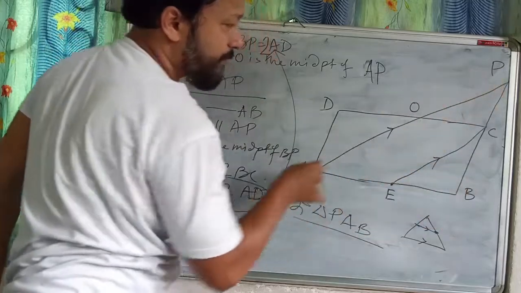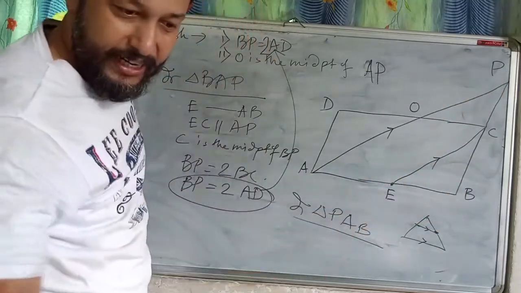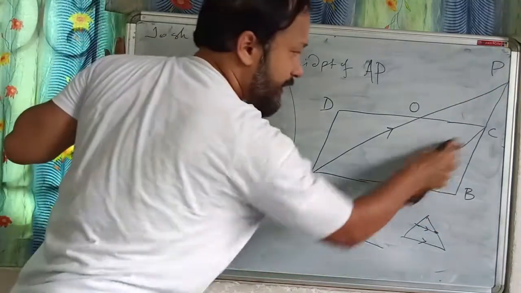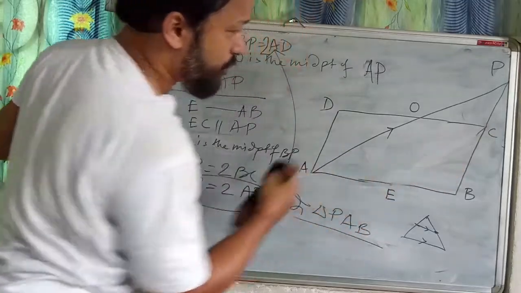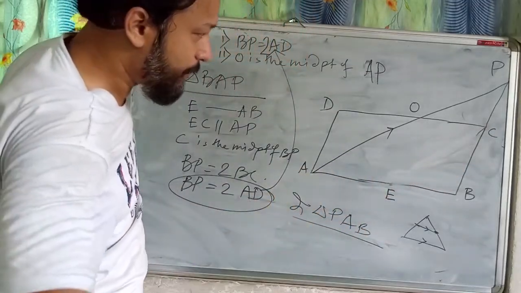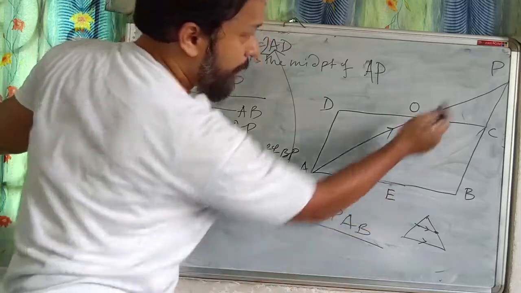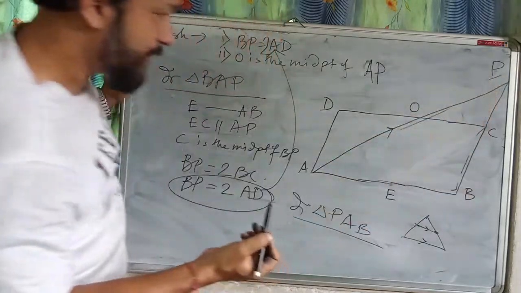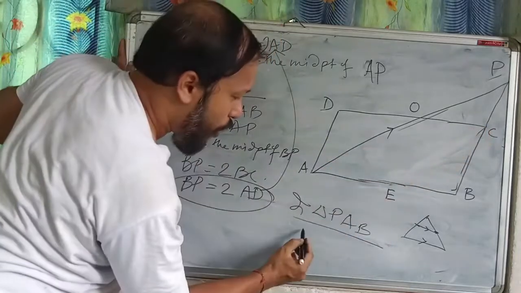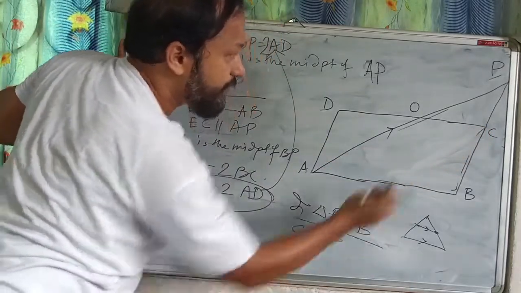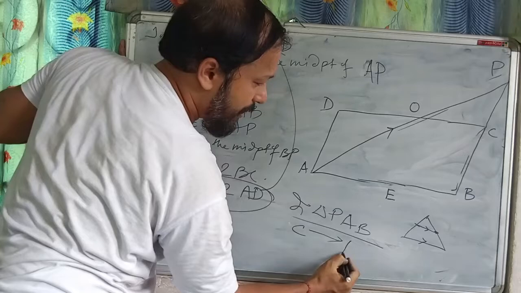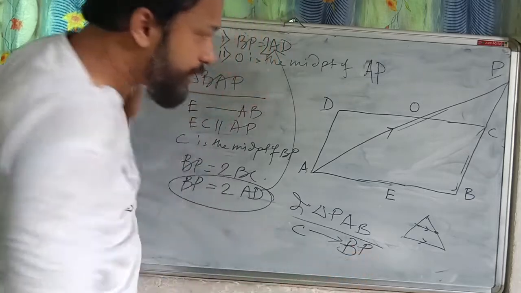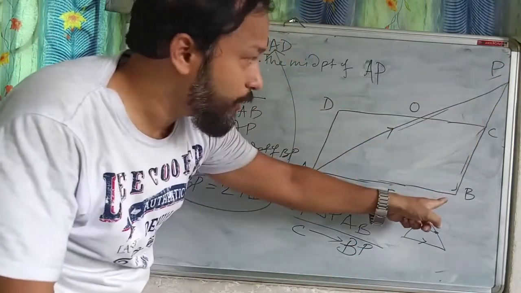Actually, let us rub this, otherwise it will make you confused. See, this triangle PAB. In this triangle, C is the midpoint of BP. It's given in the question.